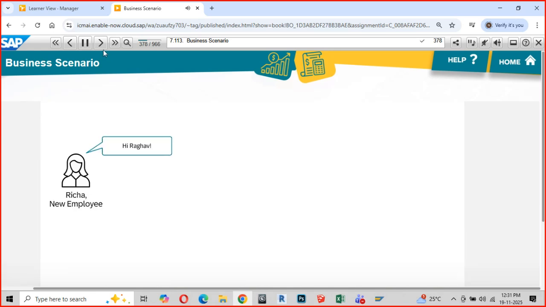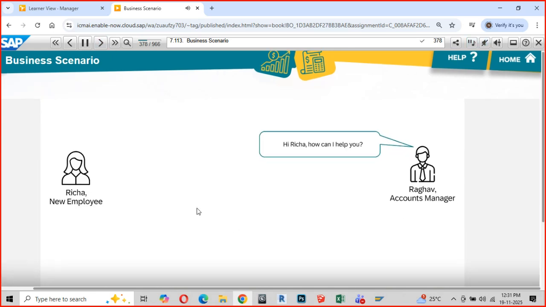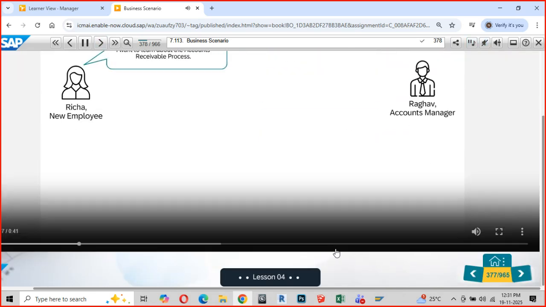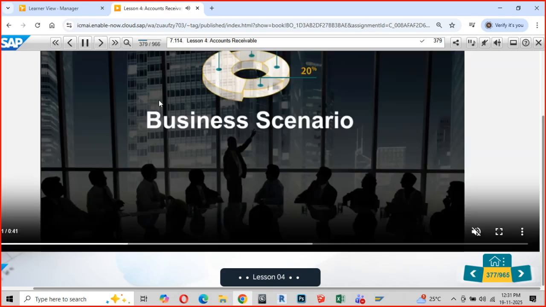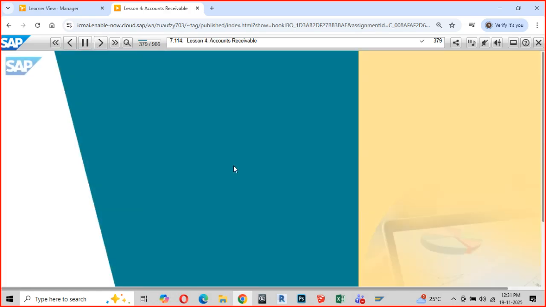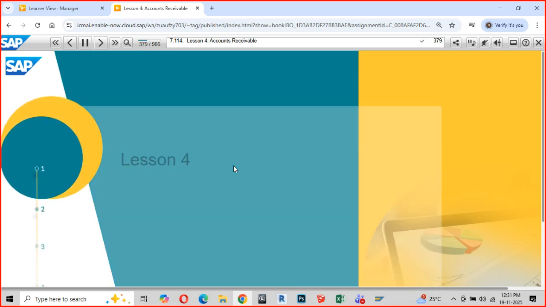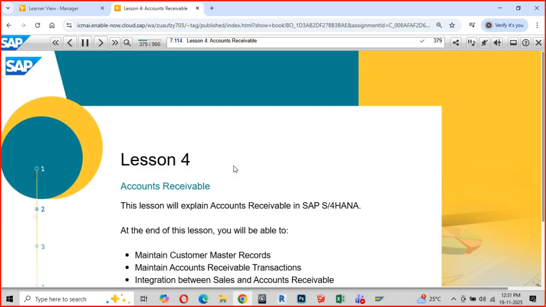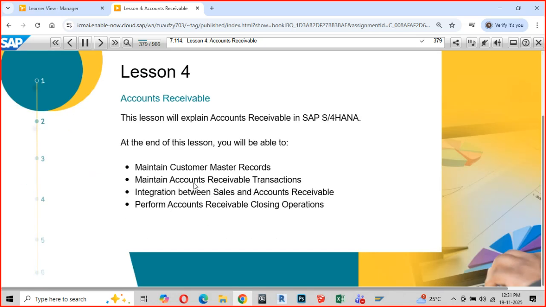Okay, go through this. Accounts receivable also we have seen. Maintain customer master records, transactions, integration. Integration is for the last week.